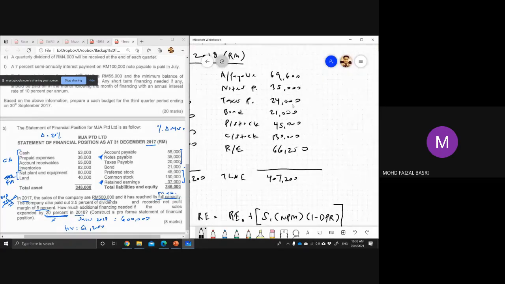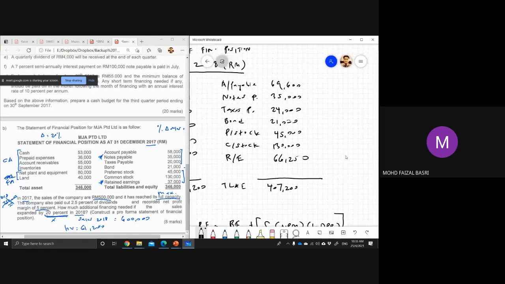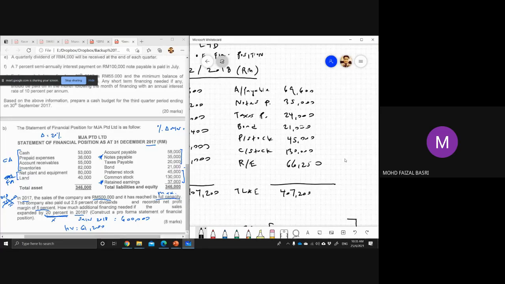Please calculate this one. Do you get 407,200? This amount: 69,600, 35,000, 24,000, 21, 45, 130 and 66,250. Do you get this 407,200?